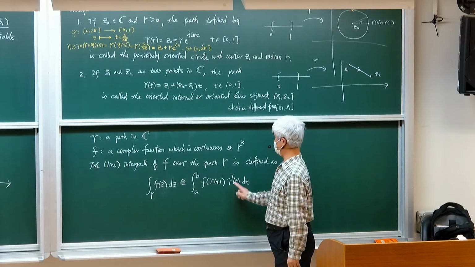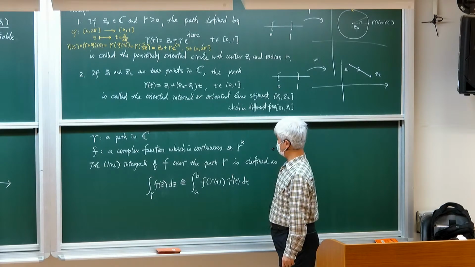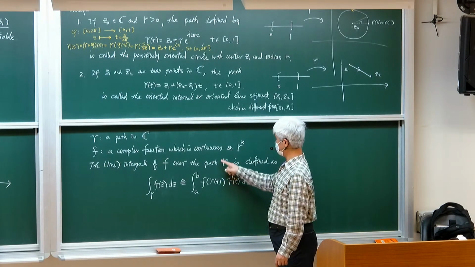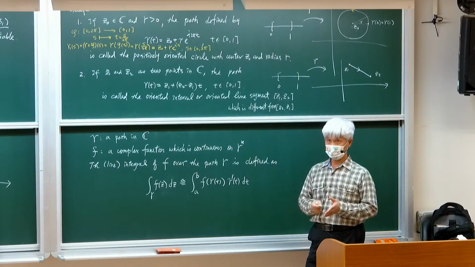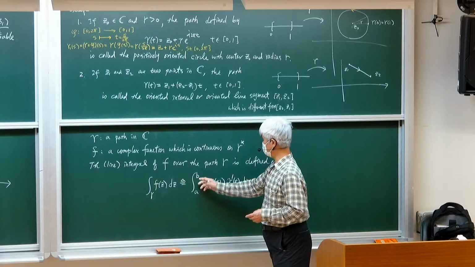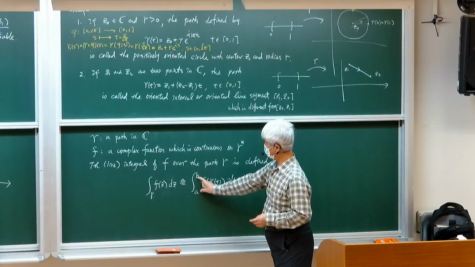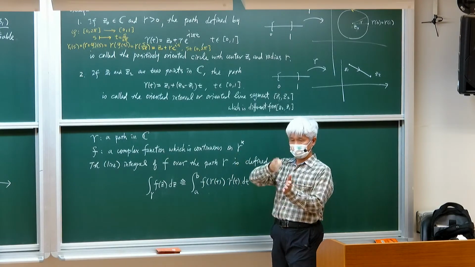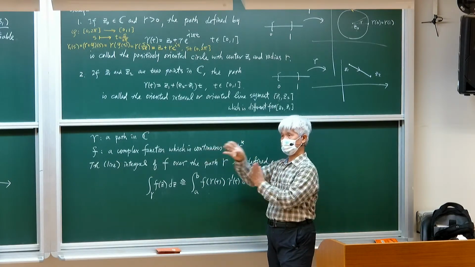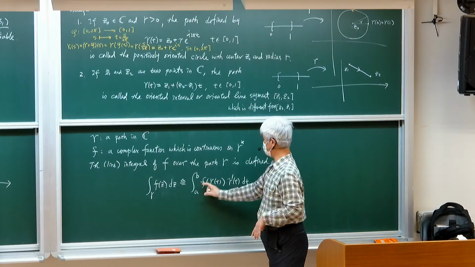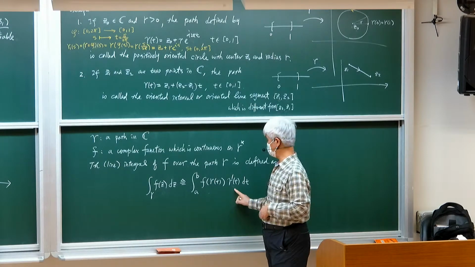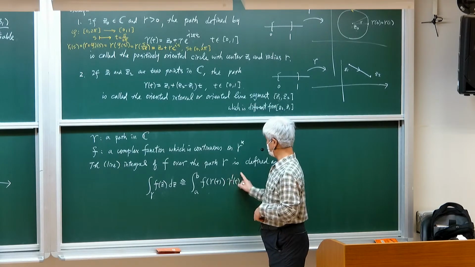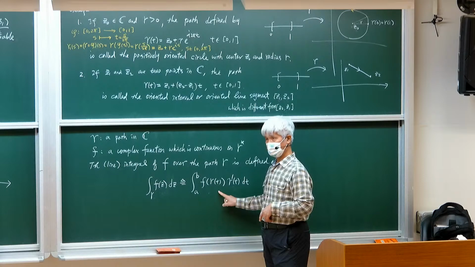For a path, it is piecewise continuously differentiable, so you can decompose the parameter interval into several pieces, and in each piece the derivative exists and is continuous.